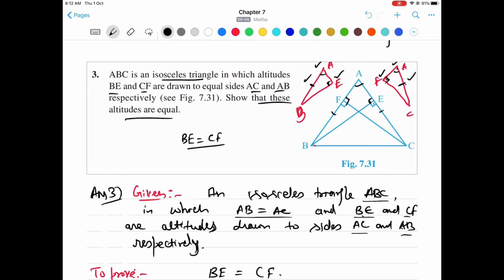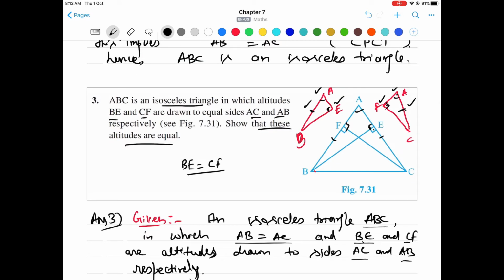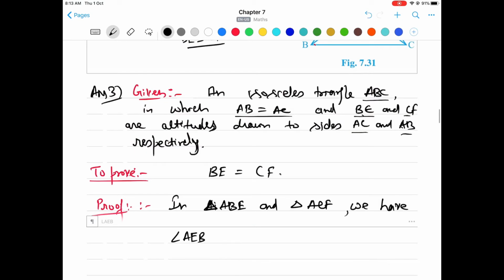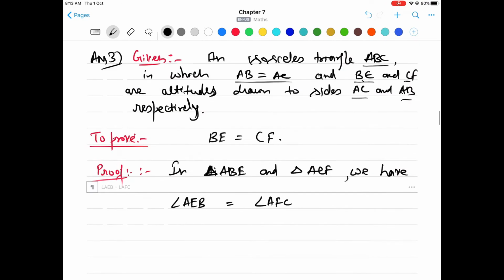So let's write angle AEB, this one, is equals to angle AFC. Okay, AFC, each will be of 90 degrees. So right, they are equal because each is 90 degrees.